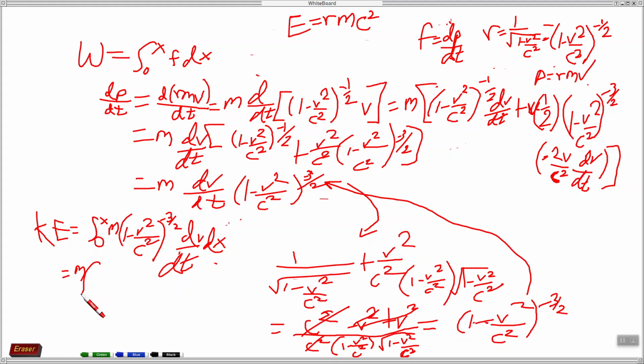And the integral from 0 to v of 1 minus v squared over c squared to the power of negative 3 over 2, v dv.